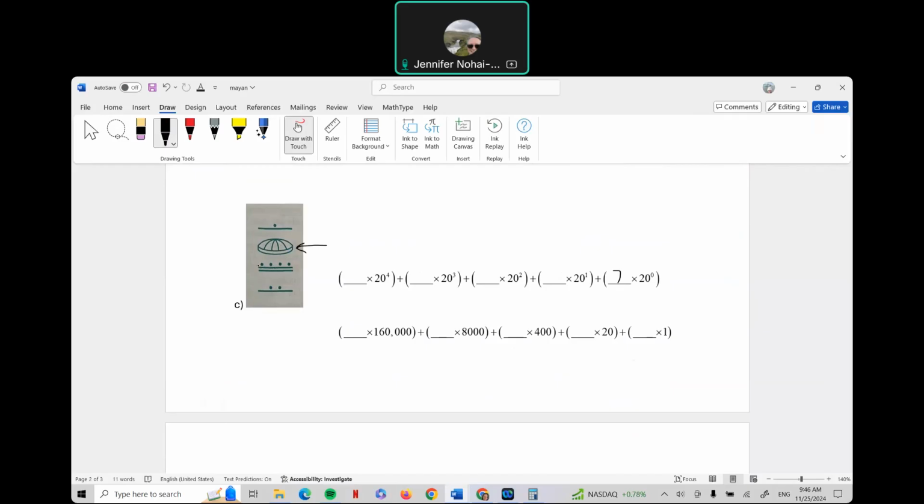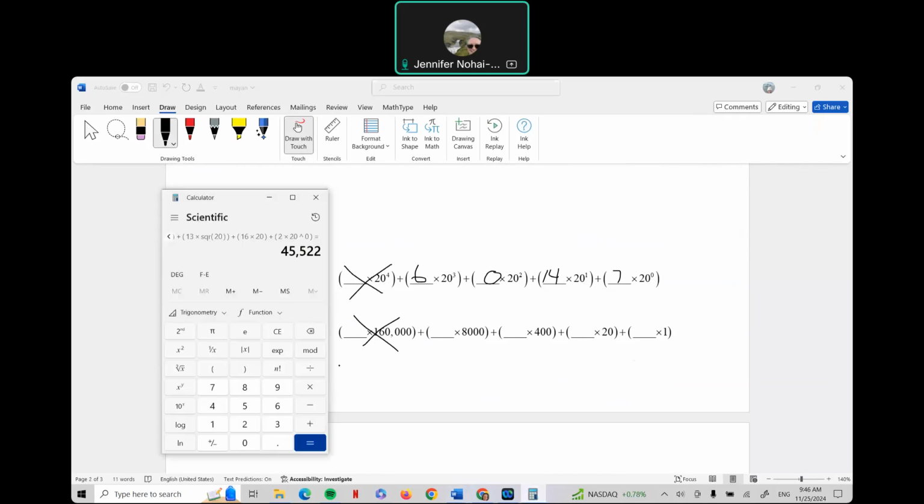That gives us 10, 11, 12, 13, 14 in the 20s place. Again, this shell means 0, so a 0 in the 400s place. And above that, we have a 5 and a 1. That gives us a 6 in the 8,000s place. We don't need the 160,000s place.